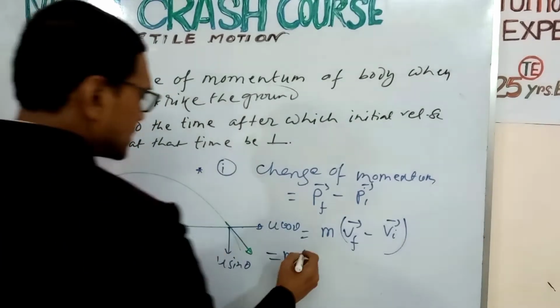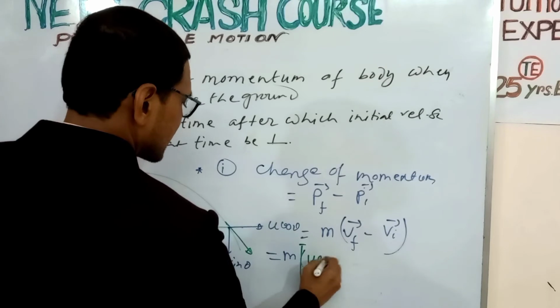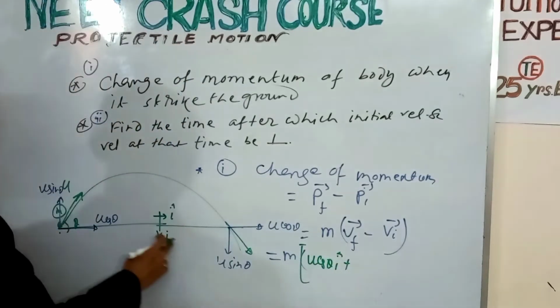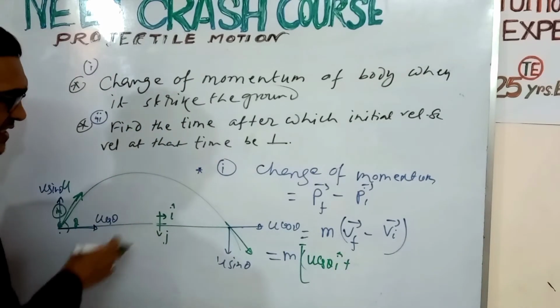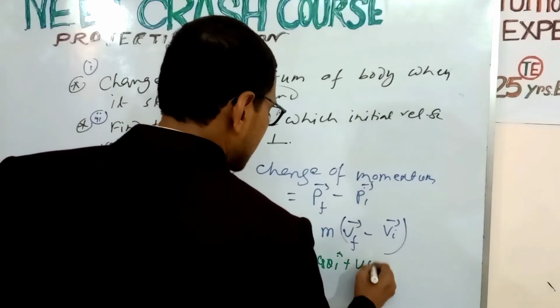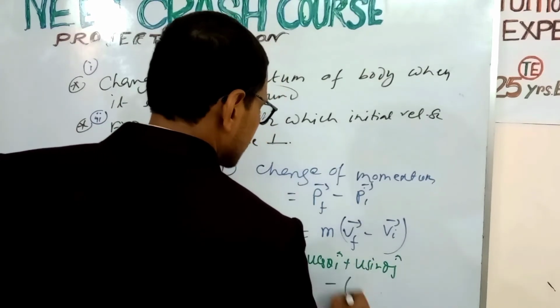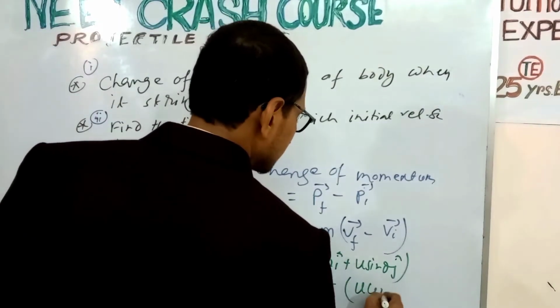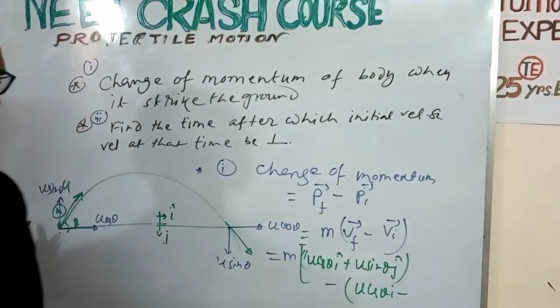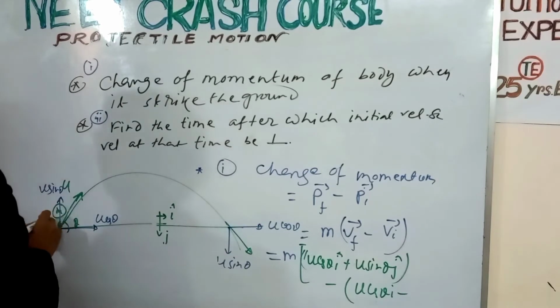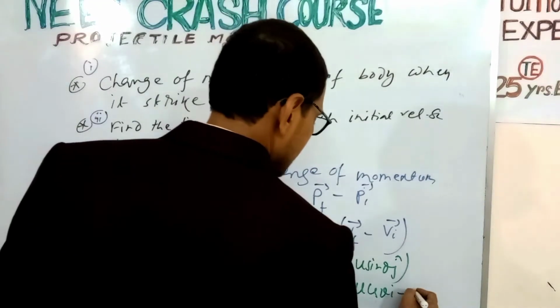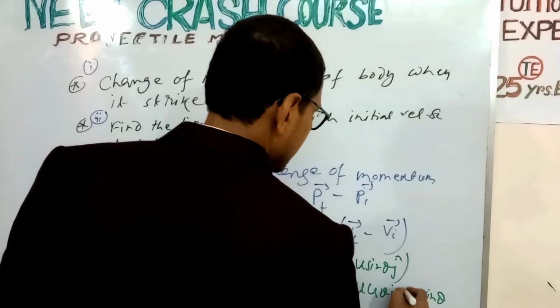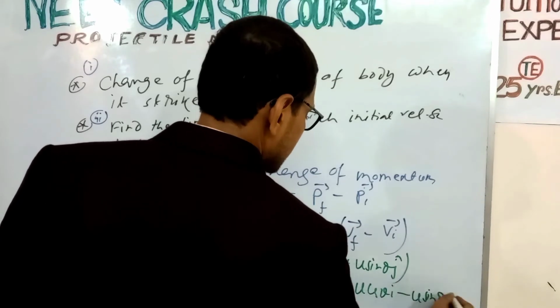The final velocity will be u cos theta i plus u sin theta j cap, and the initial velocity is u cos theta i, and if we take this along j, then u sin theta is minus j.